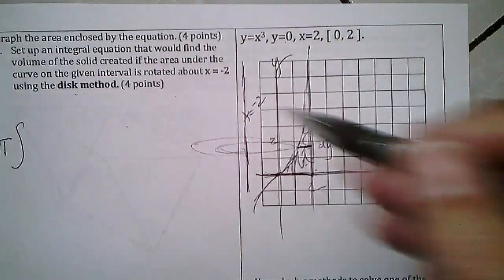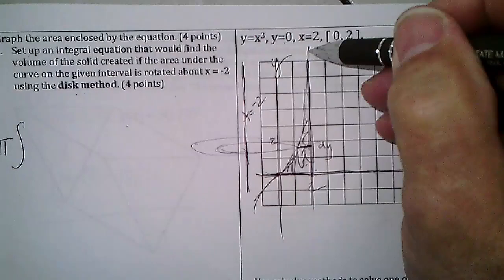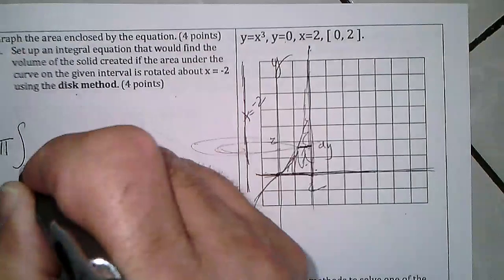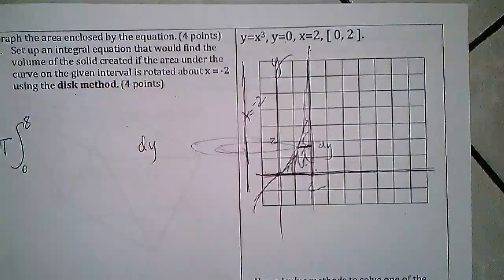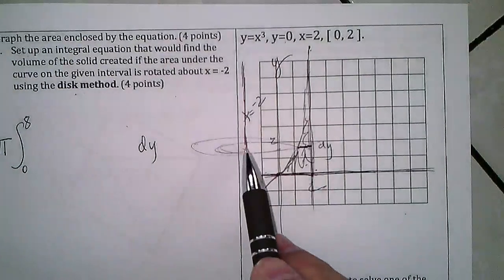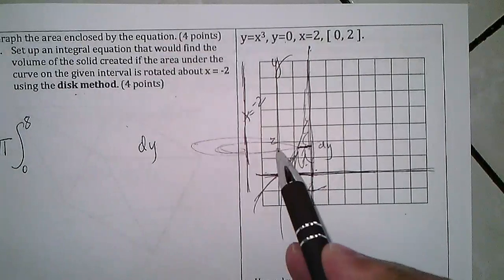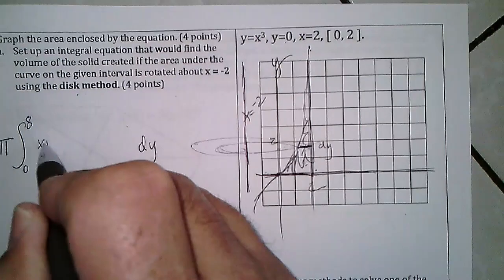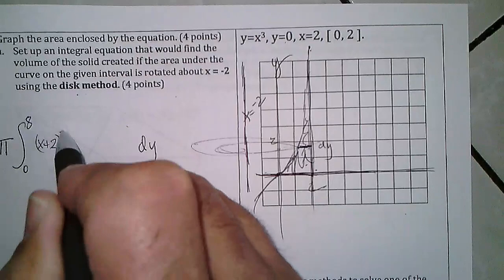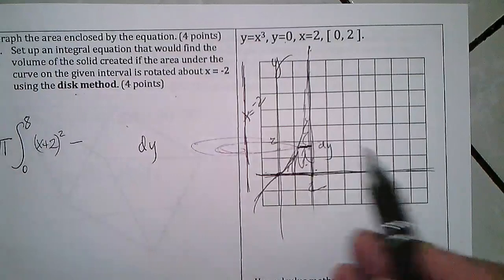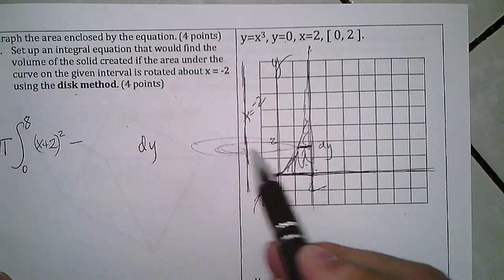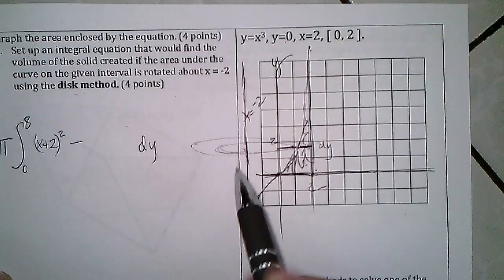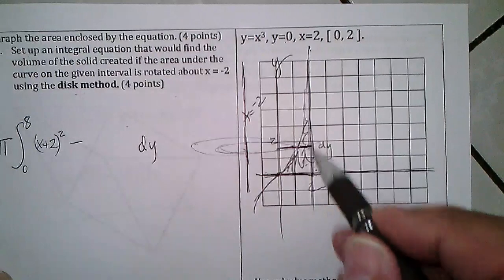So y is going to go from 0 to 8. And it's going to be large radius, which is going to be x plus 2 squared minus the small radius, which would be this x plus 2, and it's always 2.